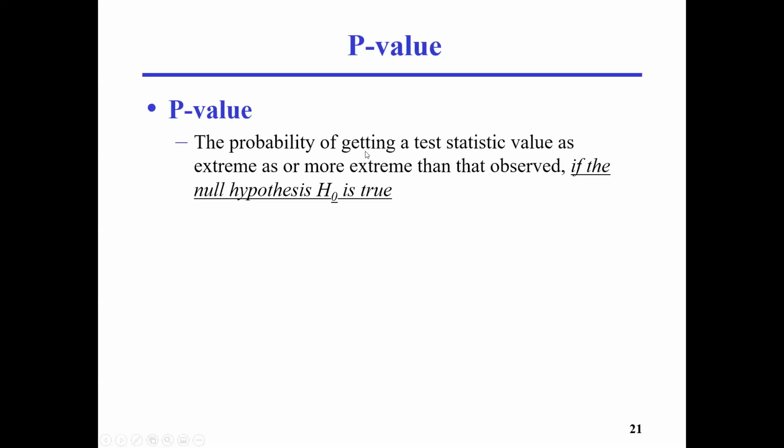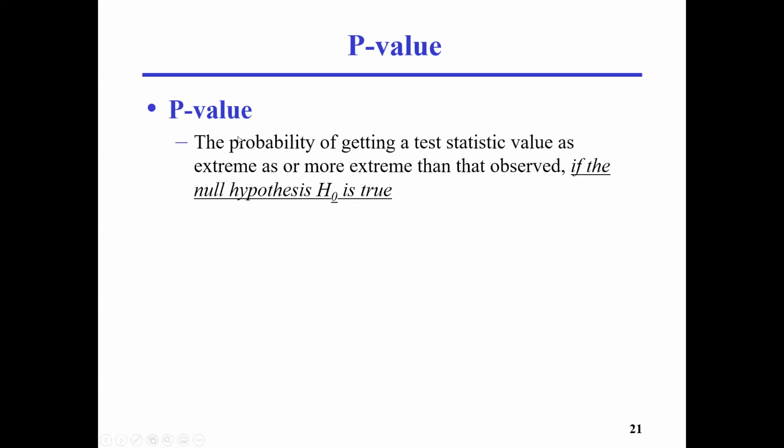The p-value is the probability of getting a test statistic value, z or t, as extreme as or more extreme than that observed if the null hypothesis H0 is true. So be careful here: the big assumption is that the null hypothesis is true.